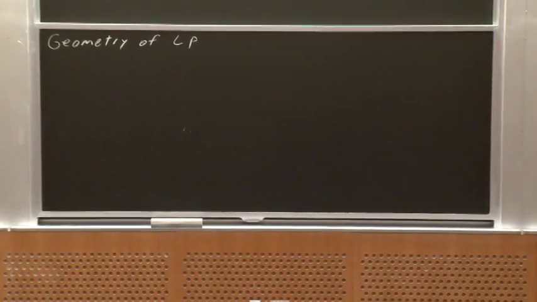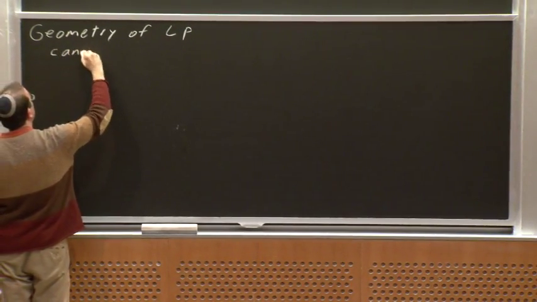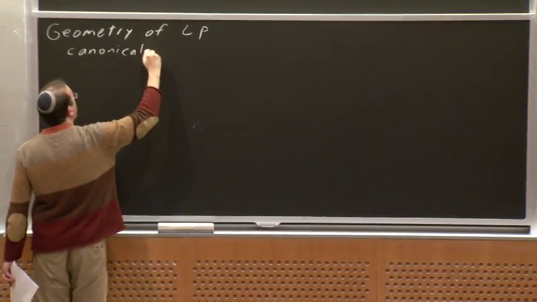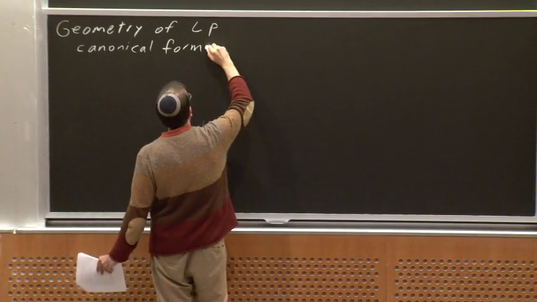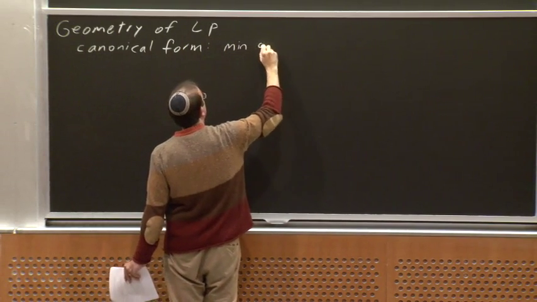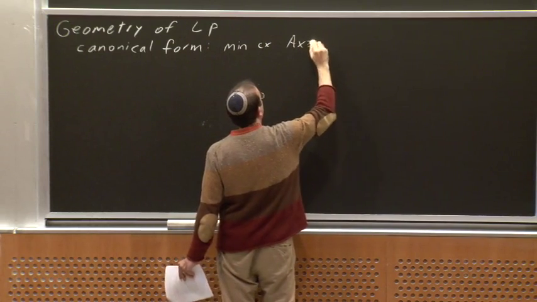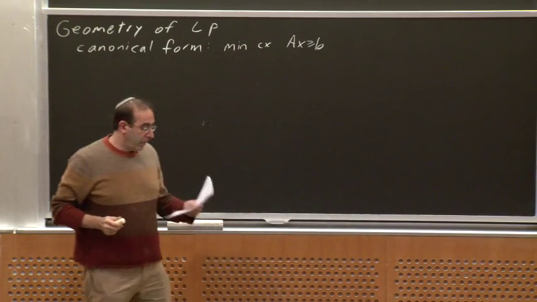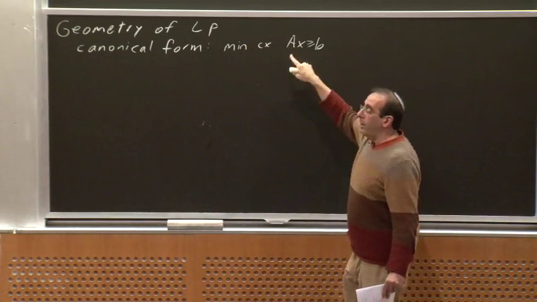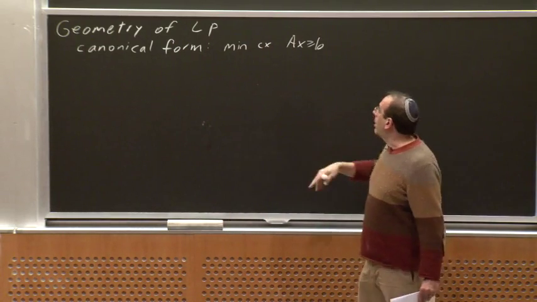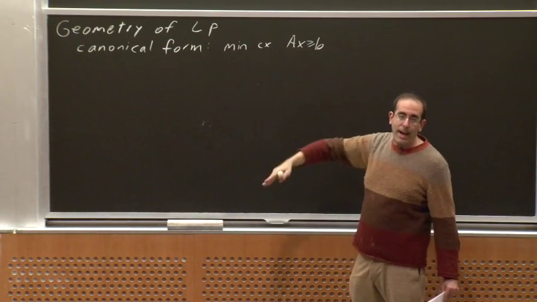Okay. So we're going to be working a lot with pictures. Remember, we talked last time about our canonical form linear program, which asked for a minimization of Cx such that Ax is greater than or equal to b. Thinking only about intuition here, Ax greater than or equal to b is an intersection of half spaces, right?